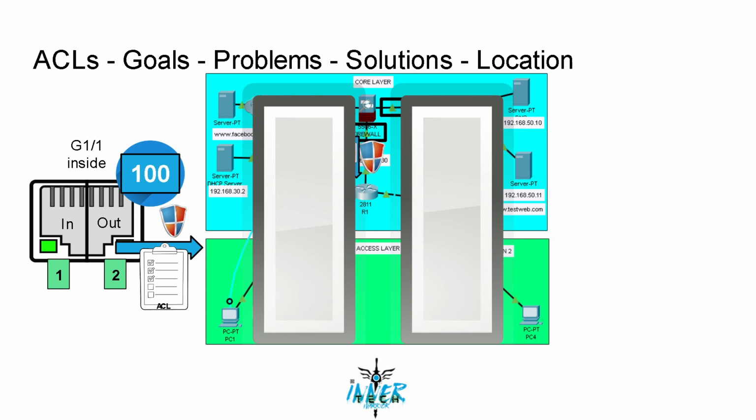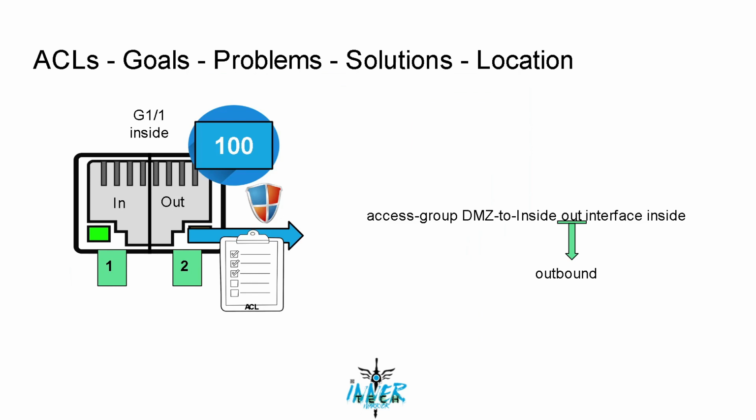Pause here and try to create the command to place the ACL group on the outbound inside interface. The command is access-group dmz-2-inside out interface inside, with the out here representing outbound.